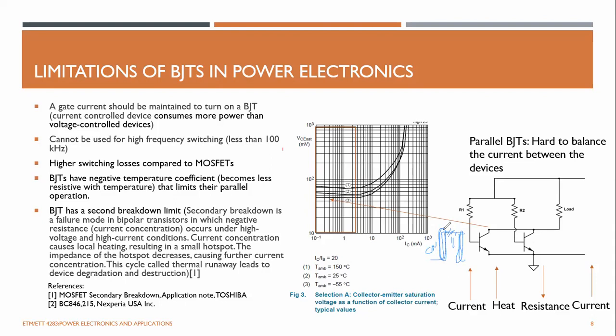During these transition times, turn on and turn off, this loss is considered a switching loss. That's a significant factor when it comes to high frequency switching, because the power loss is proportional to the frequency. So the transistor's popularity is getting lower as it has higher switching losses compared to the MOSFETs and IGBTs.